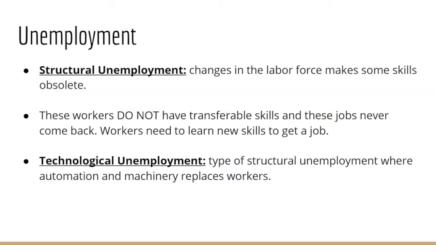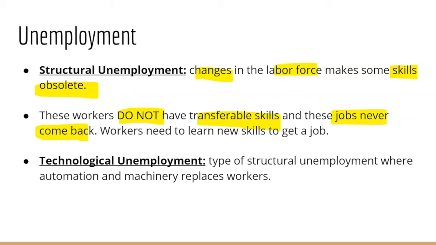The second type of unemployment is structural unemployment. Structural unemployment is just changes in the labor force that make some skills obsolete. In other words, because society is progressing, certain jobs within certain industries are obsolete, like they just go away. And so these workers do not have transferable skills, and these jobs never come back.